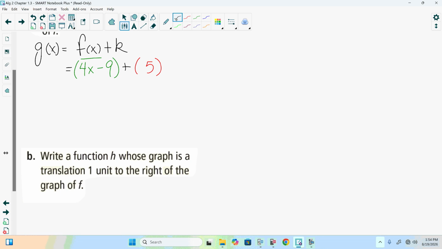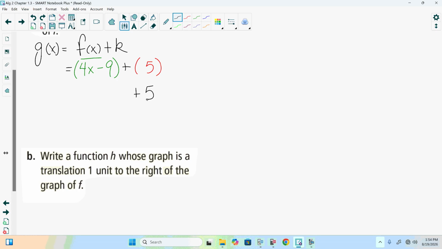Questions on how we got here? Yes, sir. Why do we put the parentheses around the 5? I am always in the habit. I would rather put them and not need them than need them and not put them. The sign in front of it is a plus, so positive 5 is just going to give us plus 5.